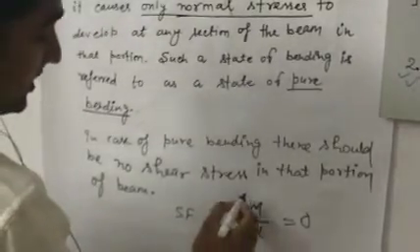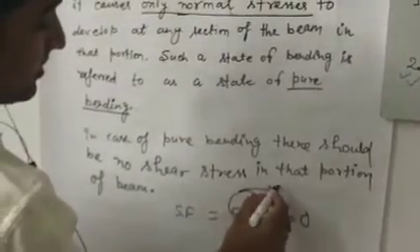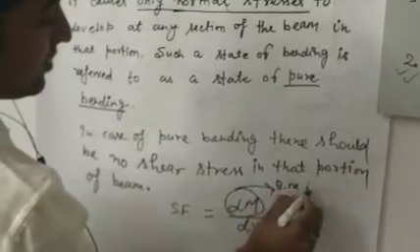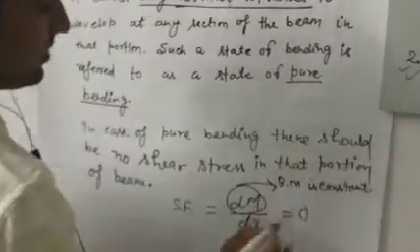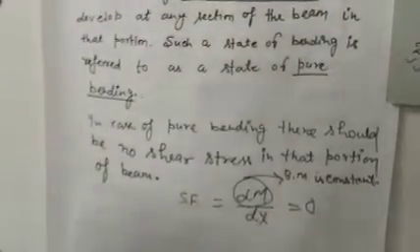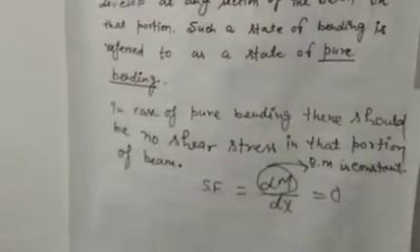Why is it 0? Because here the bending moment is constant. Right? Clear? An example of a beam when it is under pure bending.